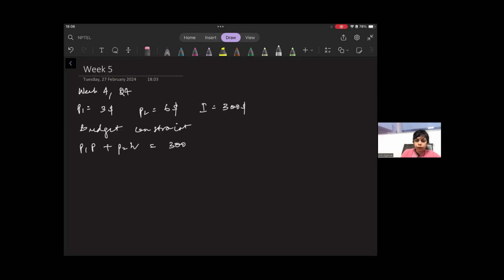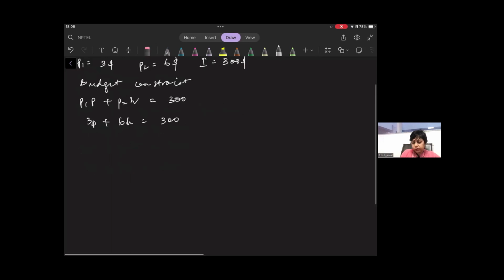It's less than or equal to, but for plotting the line, we are just going to take the equality anyway. So this becomes 3P plus 6H is equal to 300. Now, what is the slope of this line?